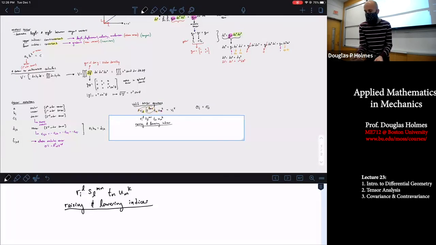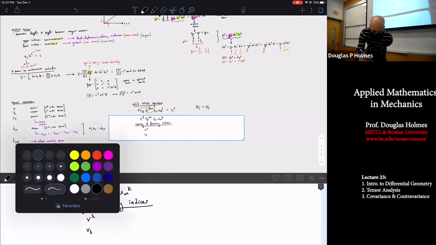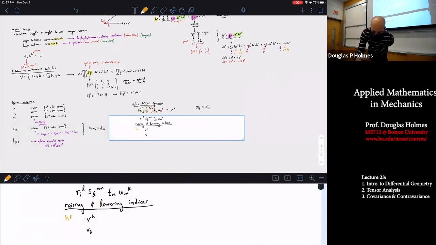So for instance, say you have the vector v^λ, the contravariant components, but you want the covariant components of the vector. Maybe you want that because you need to take that object and use it to measure something or calculate something. So what do you do?